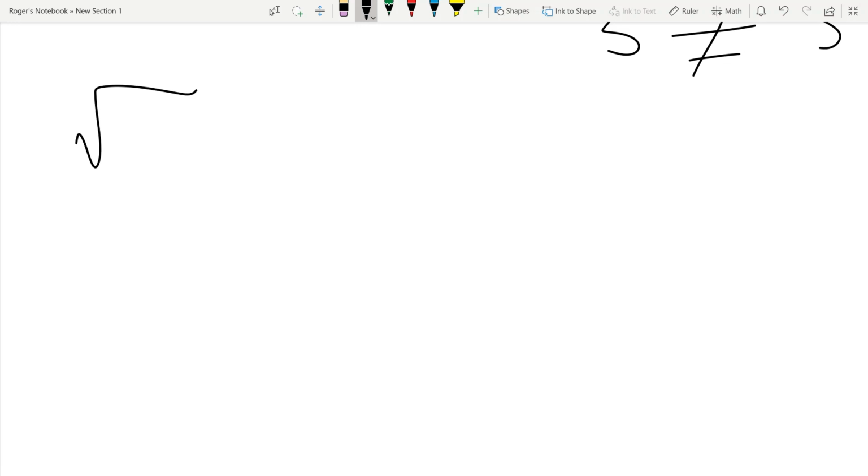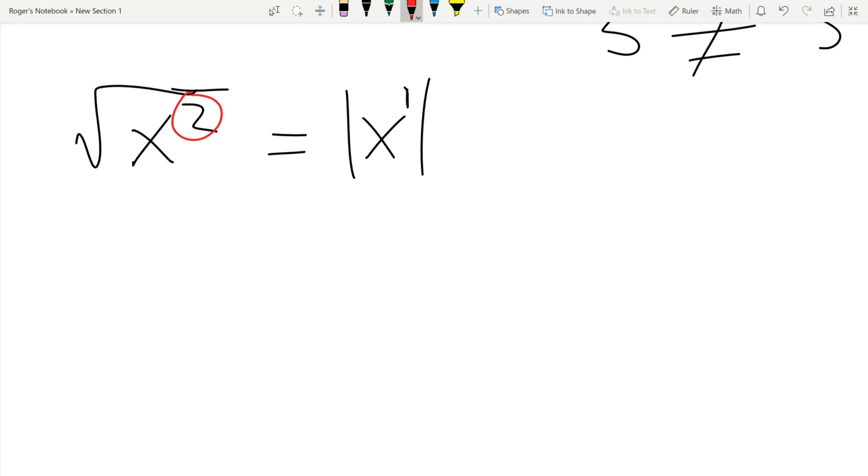The square root of x squared is equal to the absolute value of x. Now I want you to take note of something. The absolute value of x is x to the first power. We normally don't show the first power, but that's what it is. So notice here that this is even and this is odd.